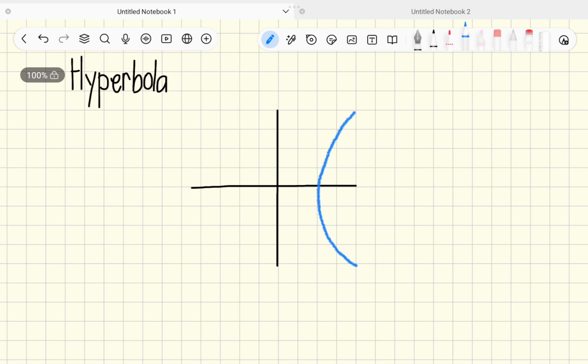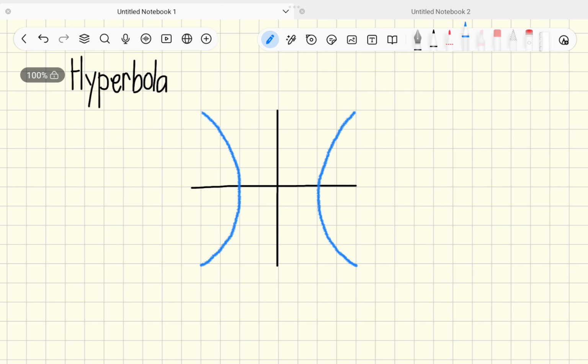As I mentioned, they come in pairs, so they should have a pair. There. So this is an example of a hyperbola. The absolute value of the difference of the distances from two fixed points is constant.